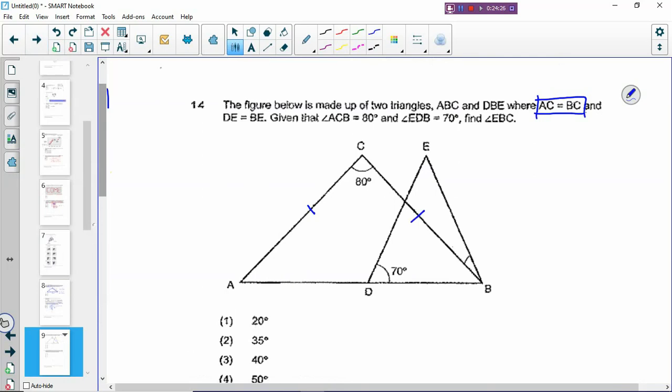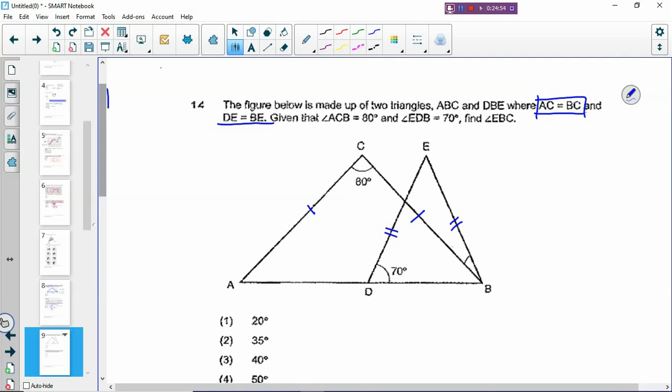Mark out the sides, because it will help you to identify those triangles that are isosceles. And DE is equal to BE. So I will use 2 lines. If there's one pair of equal sides, you have 1 line. If there's a second pair of equal sides, then I will use 2 lines.